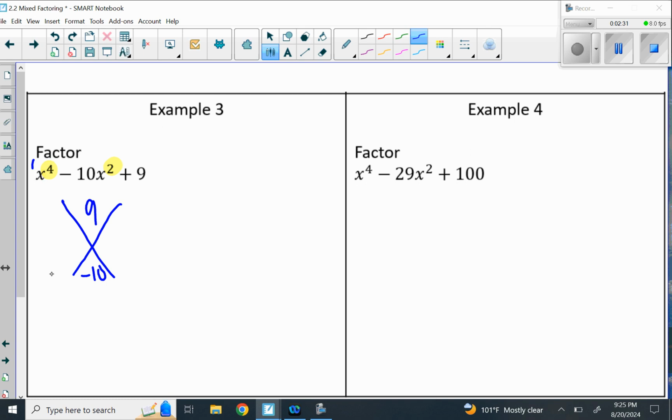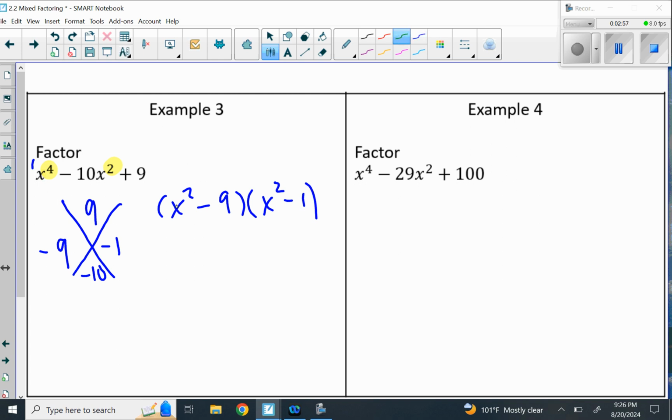Our factors would be negative 9 and negative 1. Since this is simple, we can go straight to those factors. But because it's x to the fourth, it's going to be a similar idea. You're going to make this x squared and x squared. So x squared minus 9 and x squared minus 1.